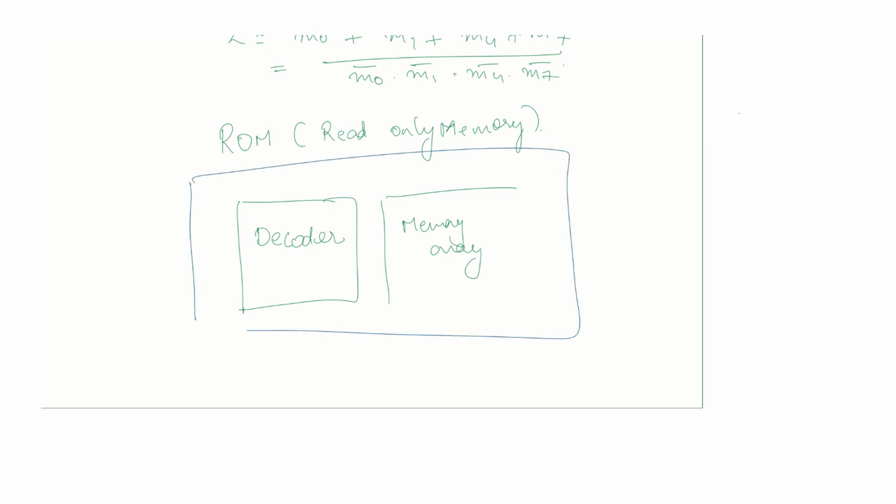If there are n input lines, the size of the array depends on the number of output lines. Let's say there are m bits stored, so the output would be m bits.